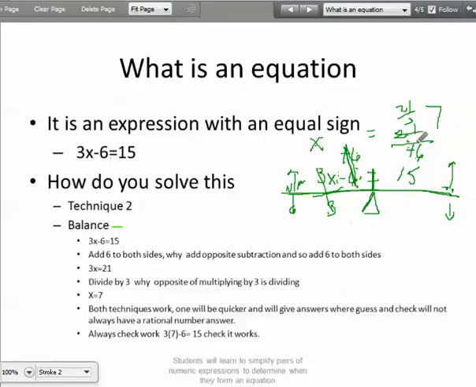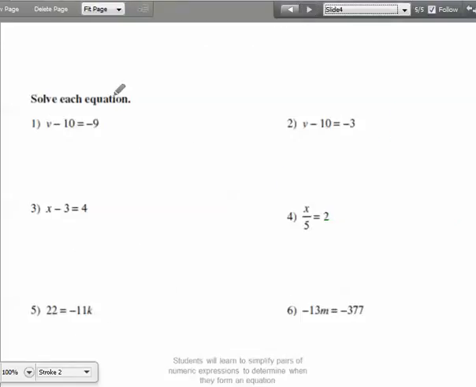And now we can always check it and stick that 7 back in. 3 times 7 is 21, minus 6 is 15. So it is possible to do that. But this technique of keeping the balance, or doing the opposite operation every time, helps us solve equations. Let's try a couple here, just see what's going on.